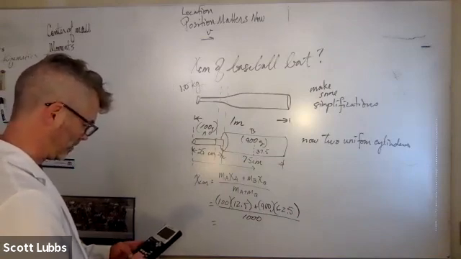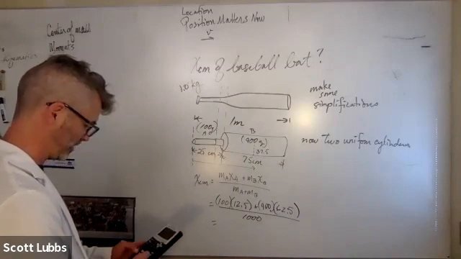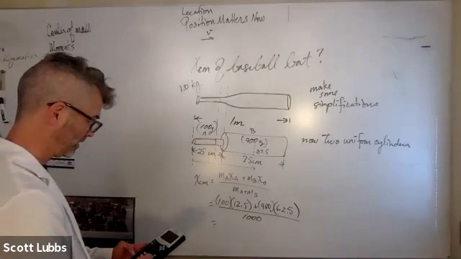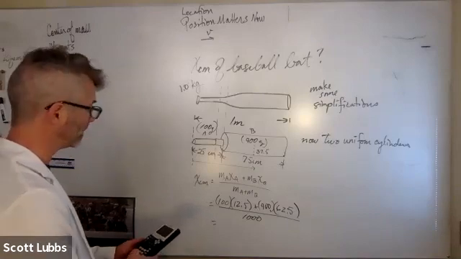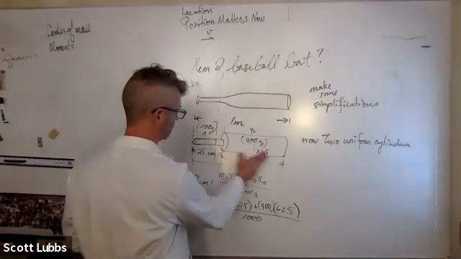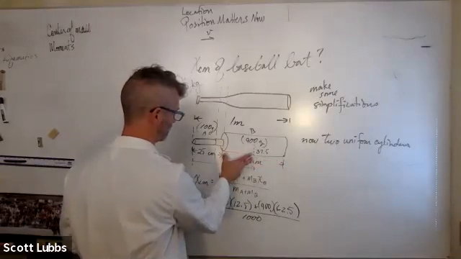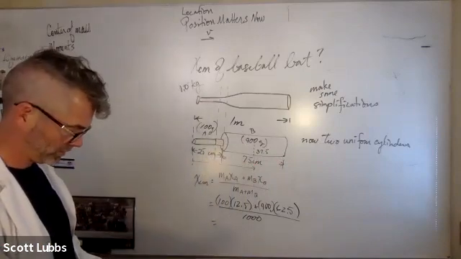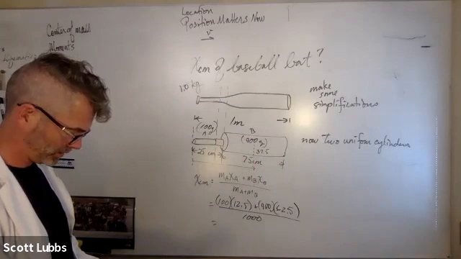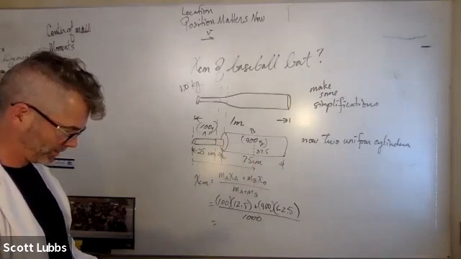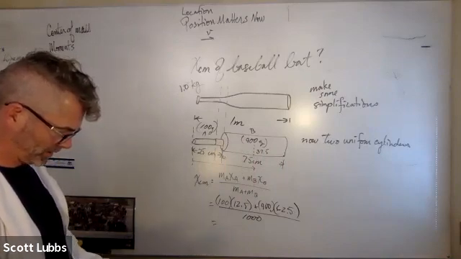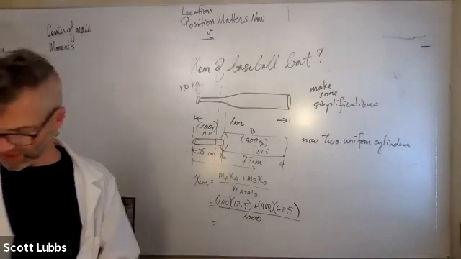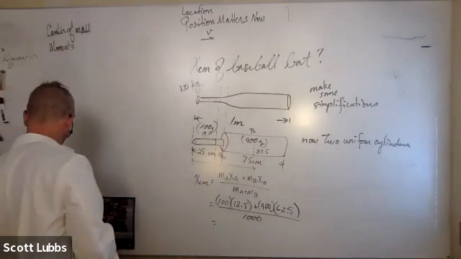The 100 times 12.5 plus 900 times 62.5, divided by 1,000.